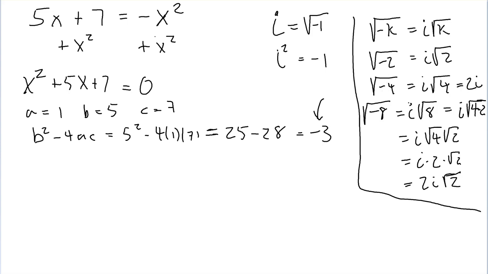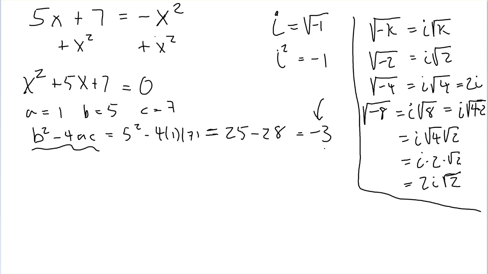That's really where imaginary numbers come from, negatives under radicals. So because b squared minus 4ac is the part of the quadratic formula that's underneath the radical, when it comes out to be negative, like in this case, we know our solutions are going to be imaginary.